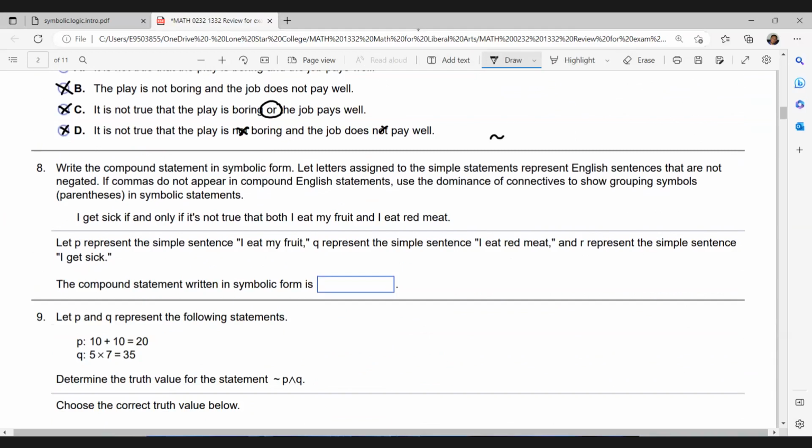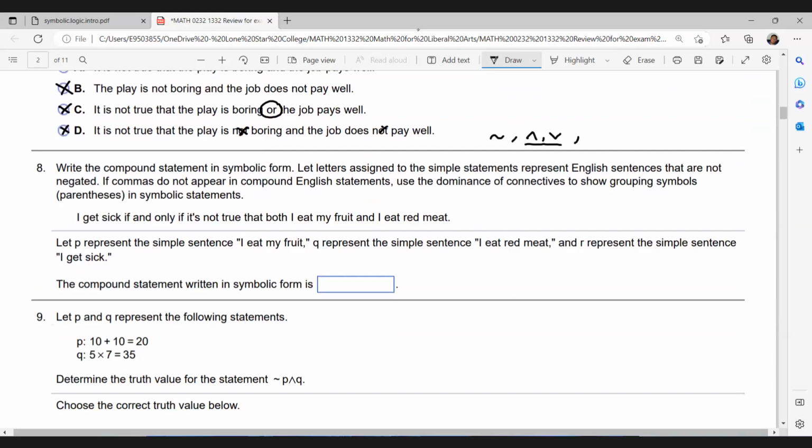negation is the weakest in the dominance world. Okay. And and or are in the same category. And so sometimes it's kind of difficult to say which one comes first. And in that case, we just treat them as having the same level.